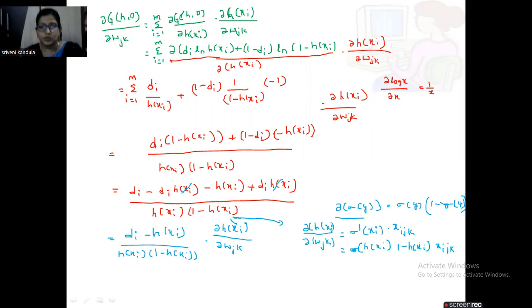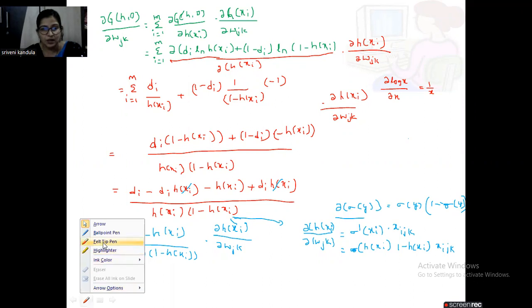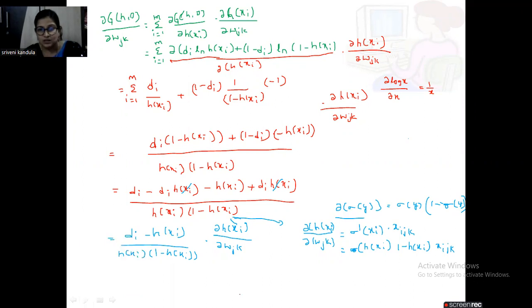So let's keep both together and let's see the gradient. If we put together these two values, in the denominator of the first term you have h(xi) multiplied with 1 minus h(xi), and this term will come in the numerator, h(xi) multiplied with 1 minus h(xi) into xijk. So this term will get cancelled.